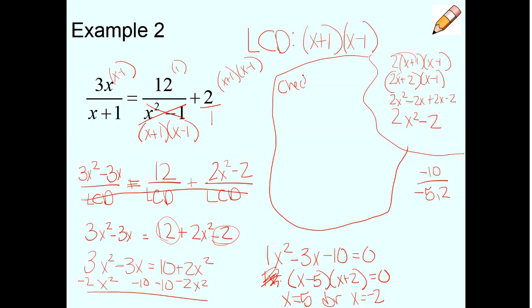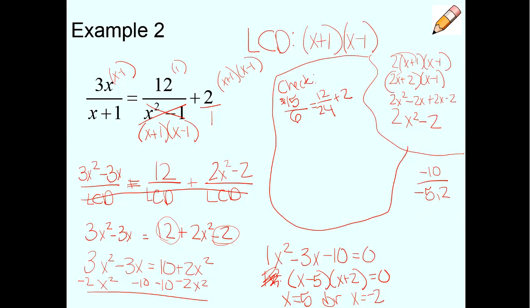So let's do our check here. I'm going to first check my 5. So we're going to have 3 times 5, which is 15, over 6, right? Because 5 plus 1 equals 12 over x squared of 5. So 5 squared, 25. Subtract 1, 24, plus 2.